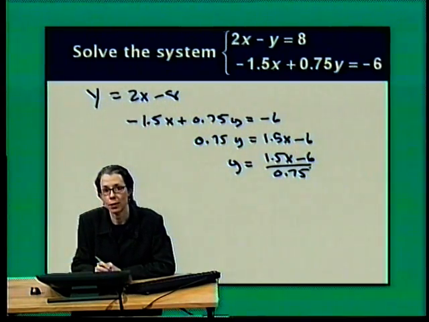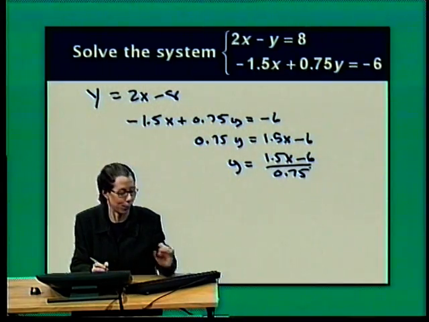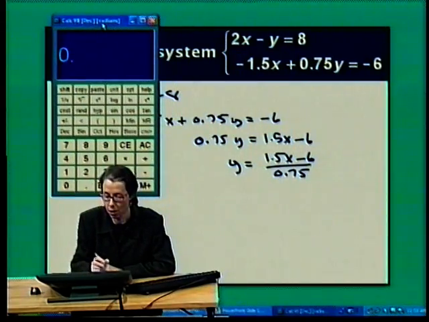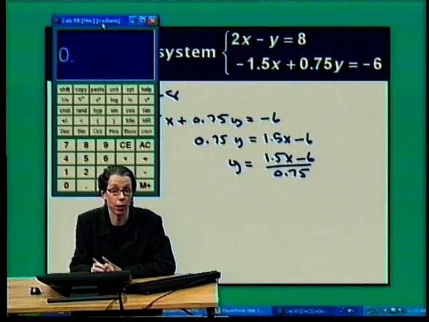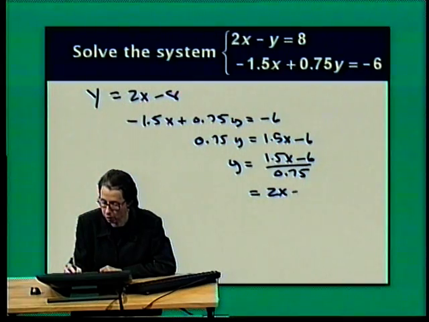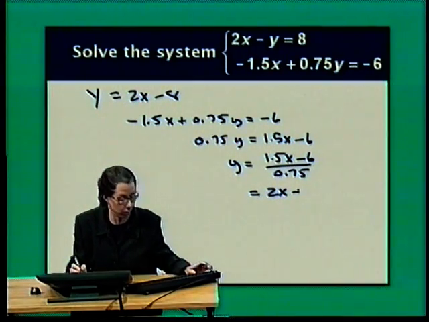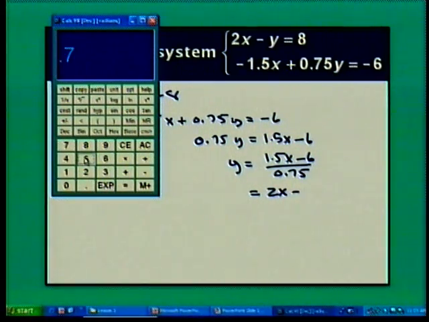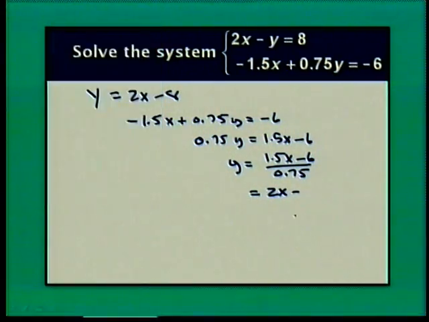Now, since I'm working with decimals here, I could work this out, but I'm just going to do it with my calculator so you trust my calculations here. So the first thing I'm going to do is divide 1.5 by 0.75. You should know this, but if you don't, we'll just see that it is indeed 2. So I have 2x, and now I'm going to divide 6 by 0.75. 6 divided by 0.75 is indeed 8.